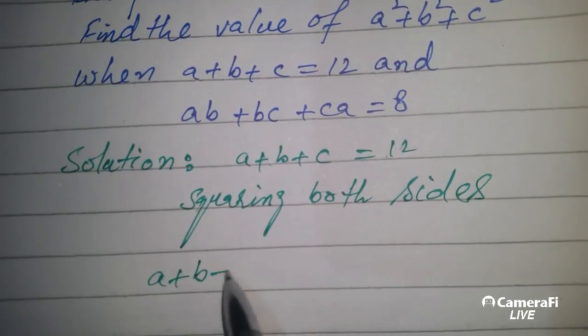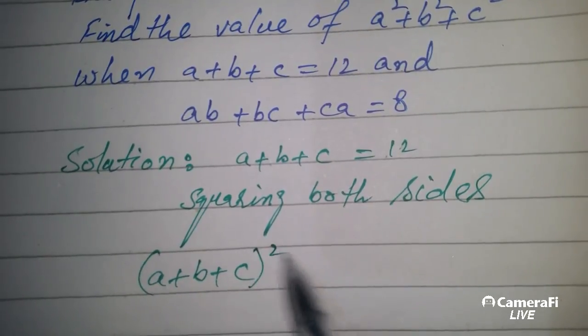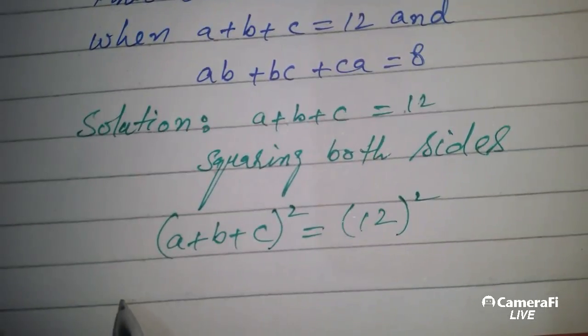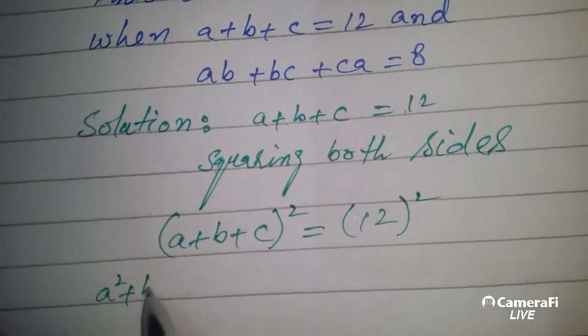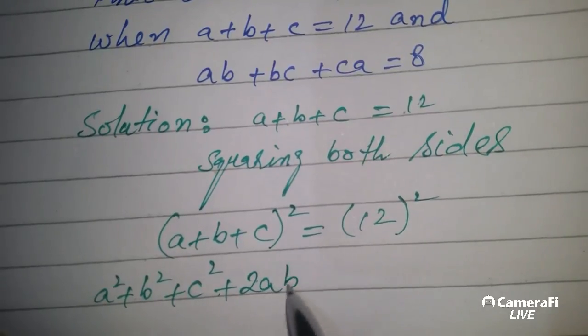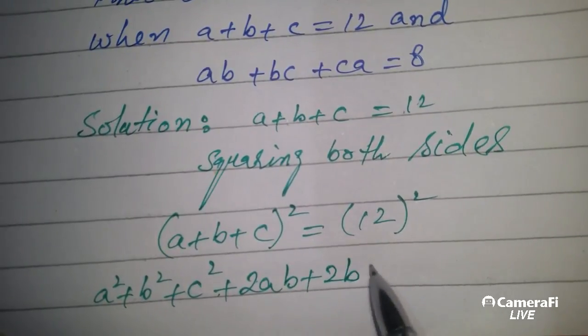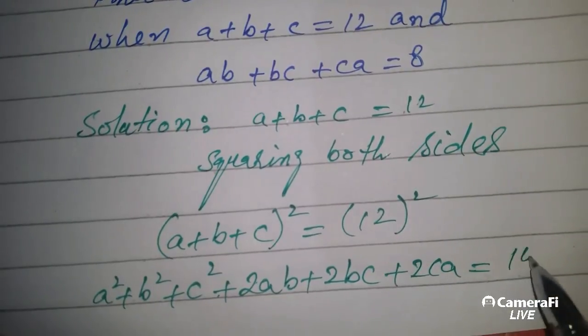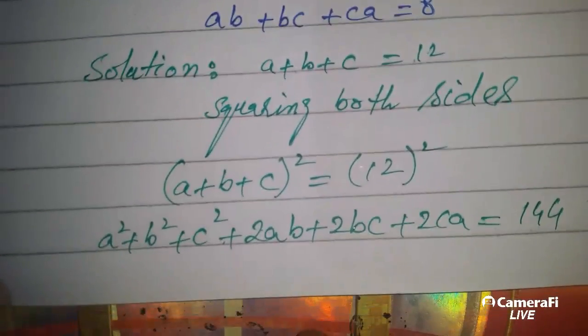It becomes (a plus b plus c) whole square, 12 squared, becomes a square plus b square plus c square plus 2ab plus 2bc plus 2ca, and 12 square is 144.